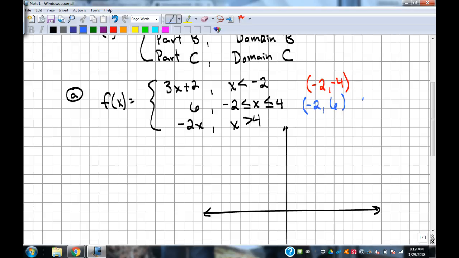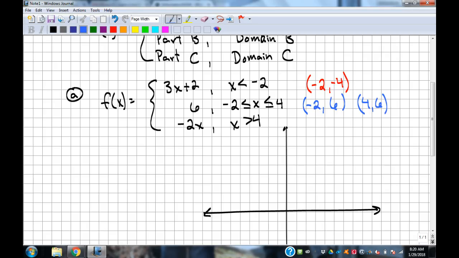If x is 4, what's y? 6. No matter what, that equation says y equals 6, no matter what x value you got. Now, those are important points. What do we know about the graph of y equals 6? Yeah, it's a horizontal line, straight across at 6 on the y-axis. Ours starts at -2, 6 and goes to 4, 6.